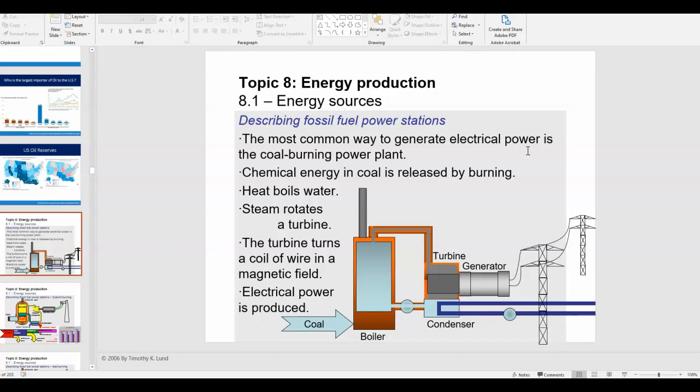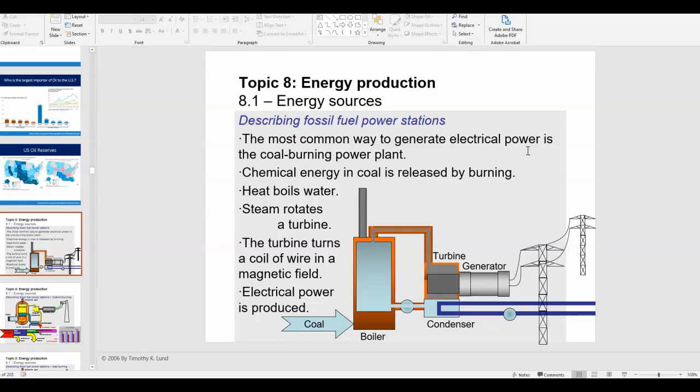If you're talking about power plants, coal power plants and natural gas power plants work in a very similar way. You burn these fuels, and the burning releases chemical energy in the form of heat, and that heat is used to boil water, which of course turns to steam. The steam pushes on a turbine.